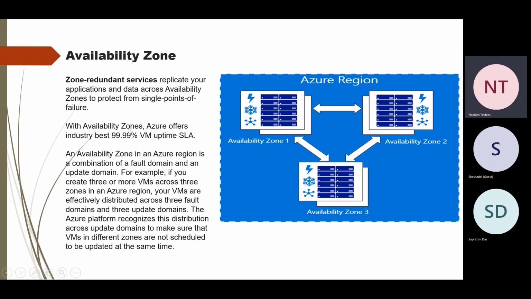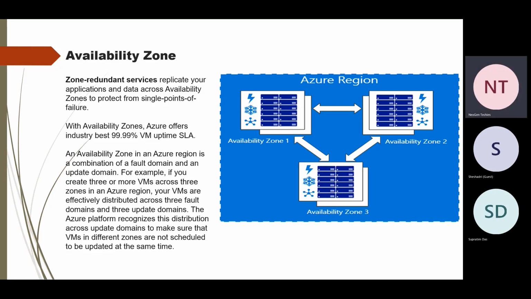With availability zones, Azure offers an industry-best 99.99% SLA for your VM. So your VM uptime guaranteed by Azure is 99.99%. Your VM will be available 99.99% if you use availability zones.